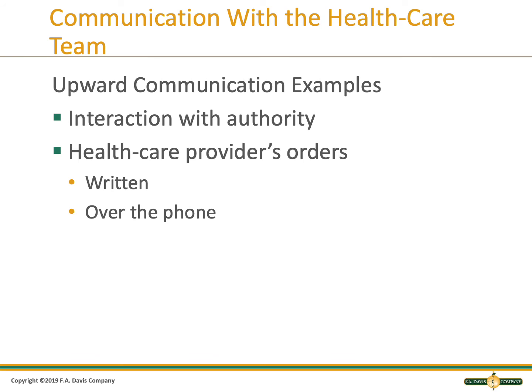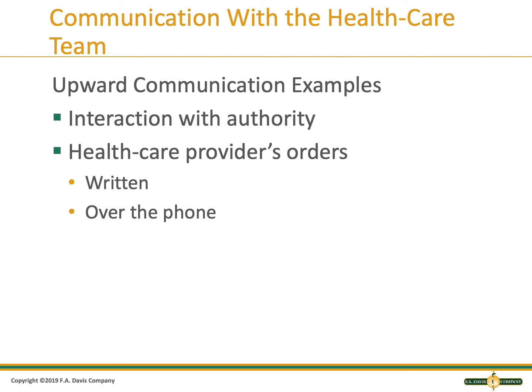And then another type of upward communication is healthcare providers' orders. And those can be written orders, or they can be over the phone. And required data for a telephone or verbal order, you will need all of the following. And this is all listed on page 109. And this is important to know too.